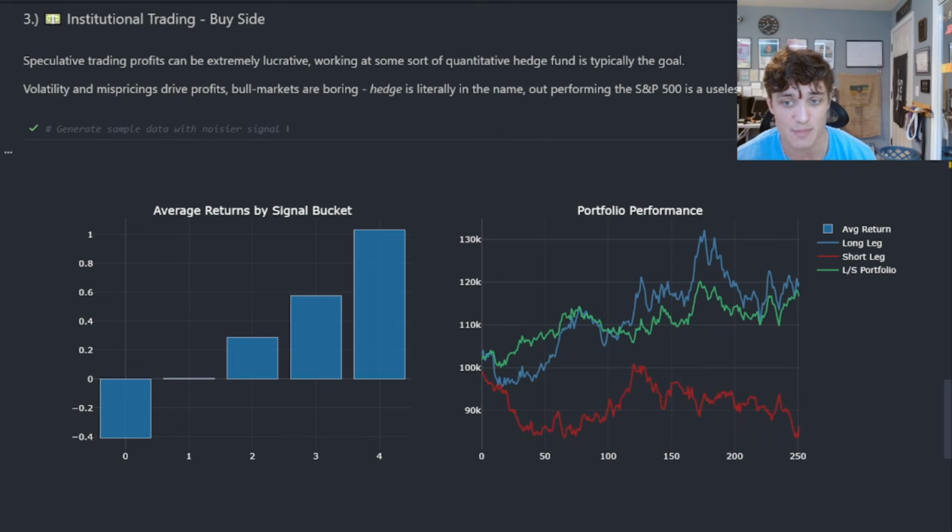Let's talk about the buy side now, and I'm just going to focus on one aspect of the buy side, that is this quant trading aspect. There's a lot of different types of discretionary trading that might occur, prop trading or whatever it is, but we'll just talk about this one type of trading that's focused on signal construction. This is more of a quant trading argument. So what we have here is an example of a quantitative trading signal.